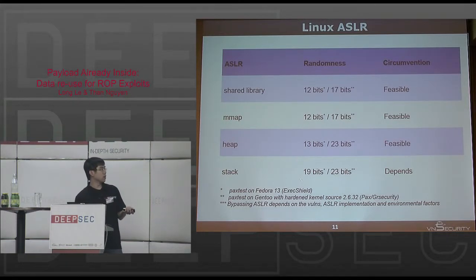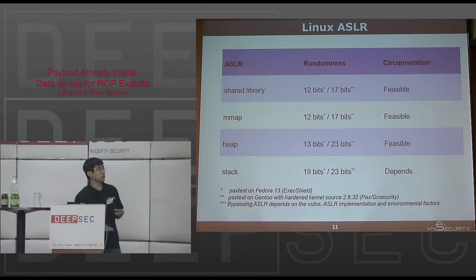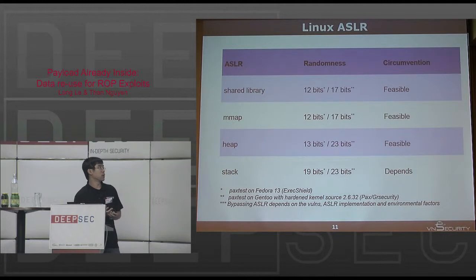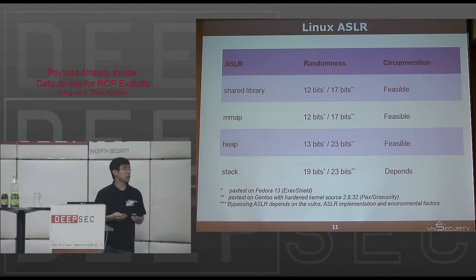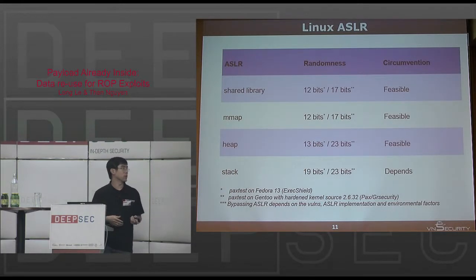You can see that for about 13 to 16 bits, it is actually pretty easy to brute force. And there is even an implementation flaw on the previous kernel where you can try about 40 to 50 times, and some addresses will actually be repeated.